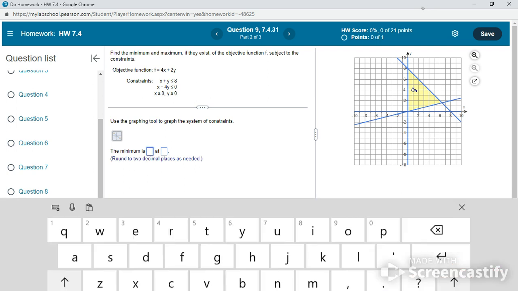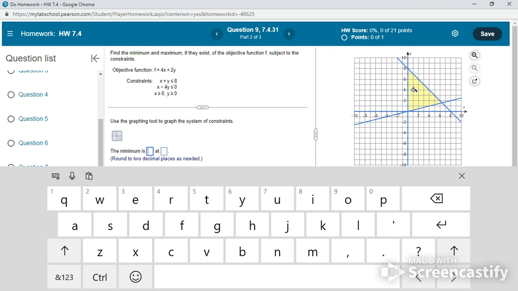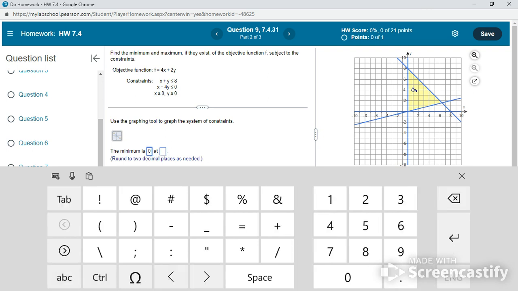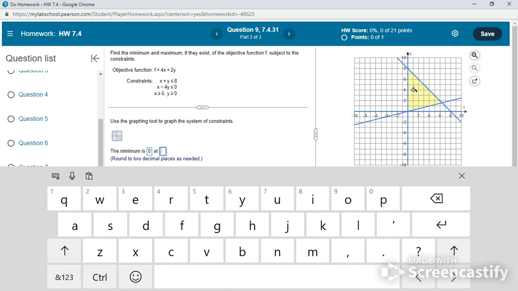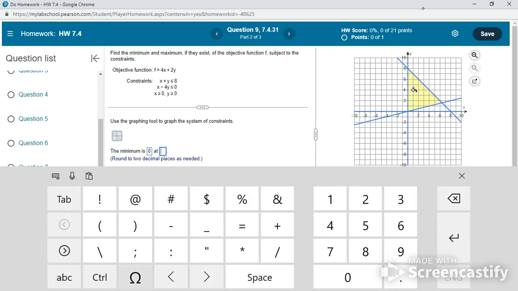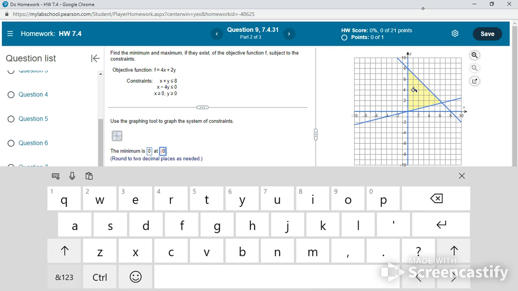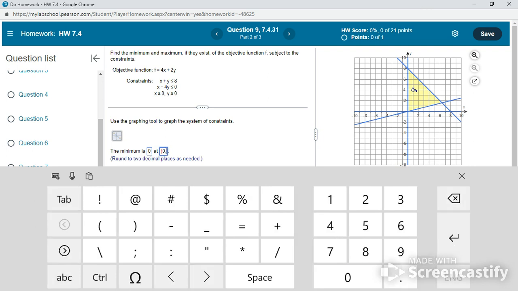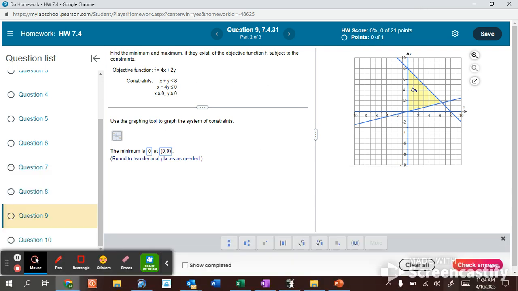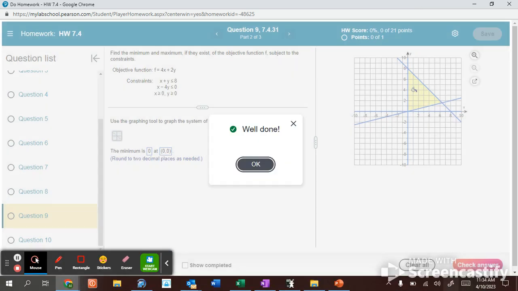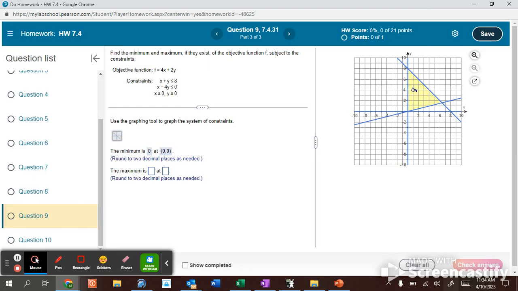So if they want my minimum, it's just going to be simply 0 at 0, 0. Check. Well done, Mr. Bishbach.